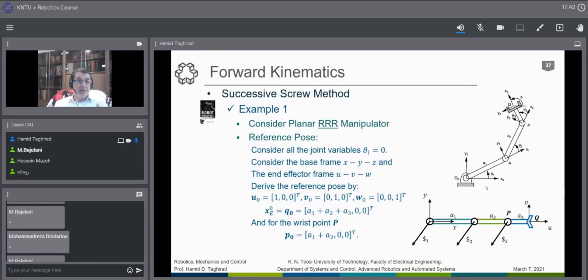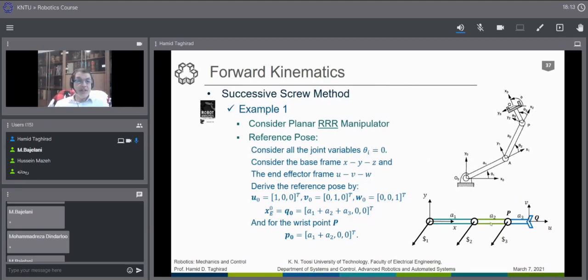Look at the steps that we are doing one by one. First of all, we consider a configuration in which all the joint parameters, all the joint variables, the theta i's and d i's, are equal to 0. As you see, this is a fully extended arm, where theta 1, 2, 3, which are the joint variables, are equal to 0.